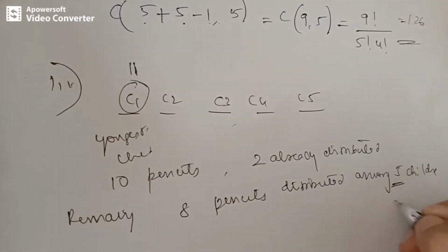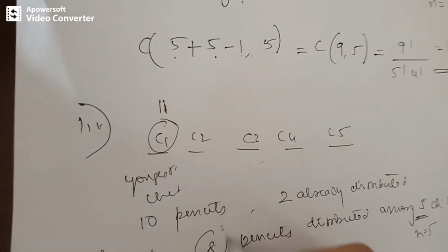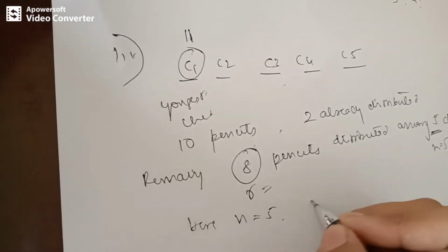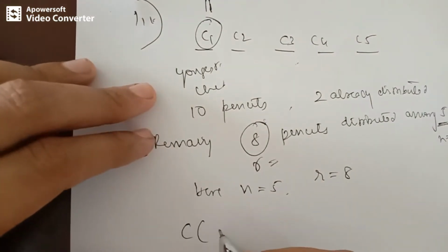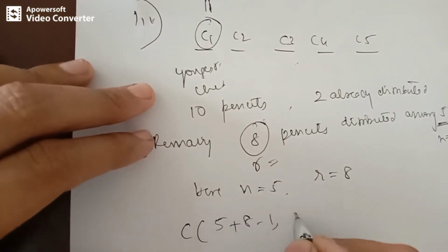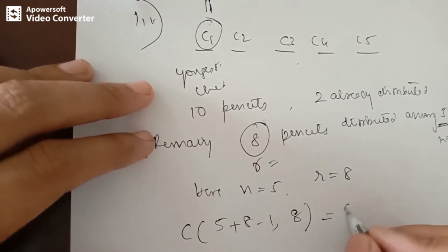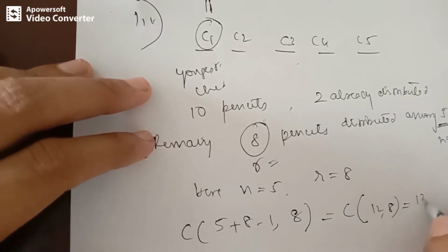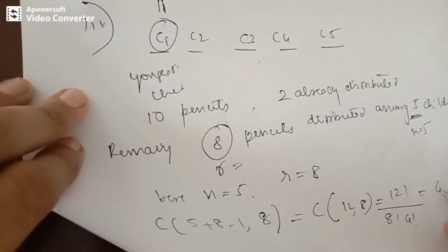The value of n is 5 over here and r is 8. Now let's substitute for C of n plus r minus 1 comma r. So this is the answer for the third sub question. This is C of 12 comma 8, which is 12 factorial by 8 factorial into 4 factorial. The answer we get is around 495.